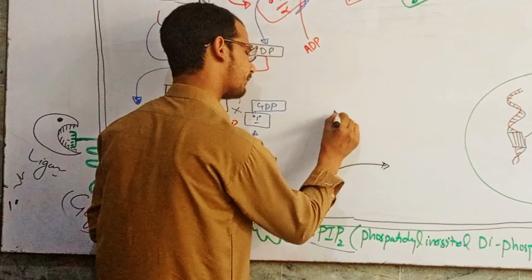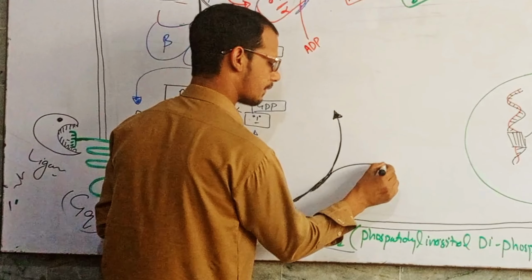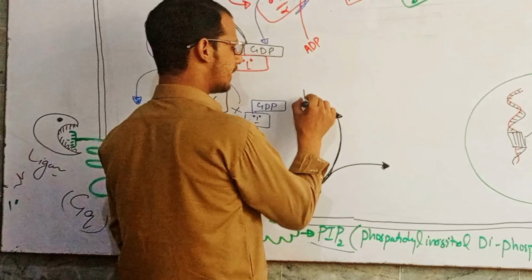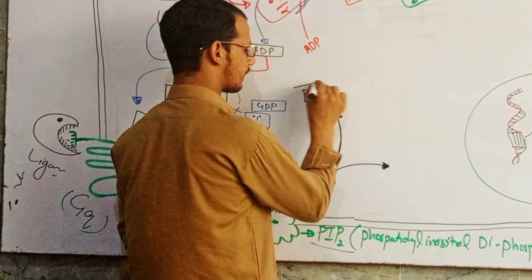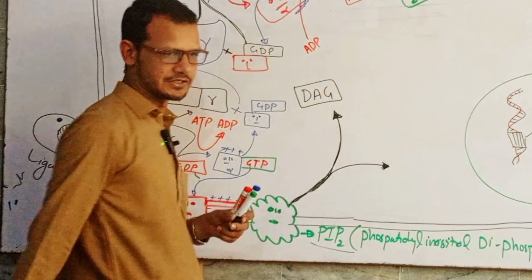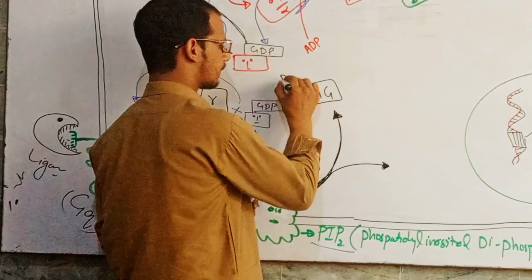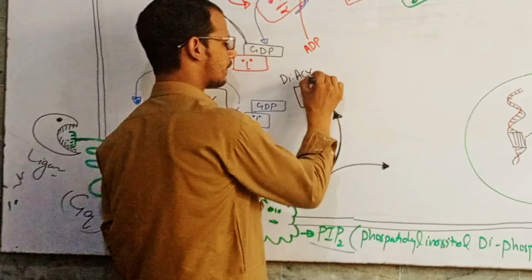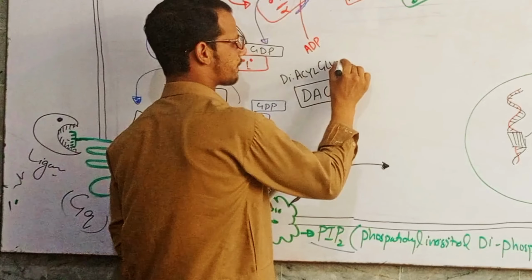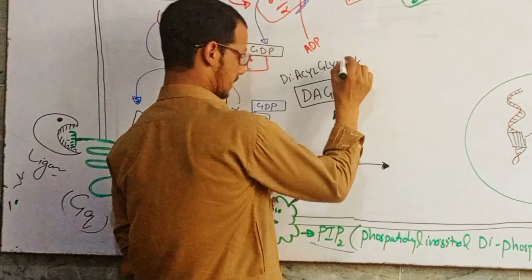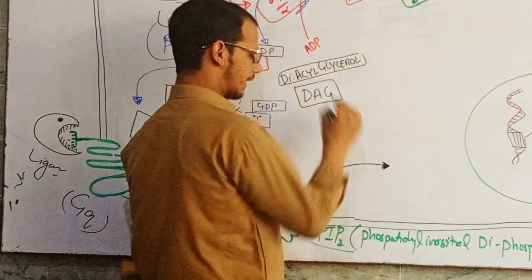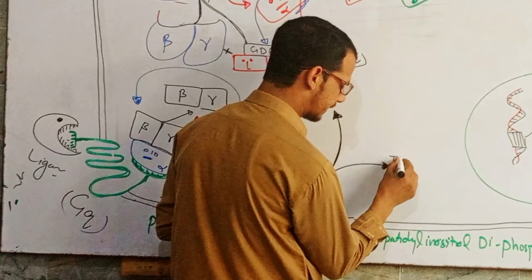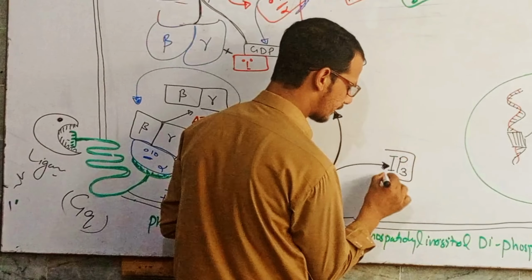One is called DAG, diacyl glycerol, and the second is called IP3.